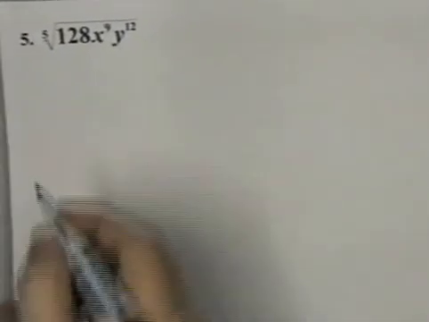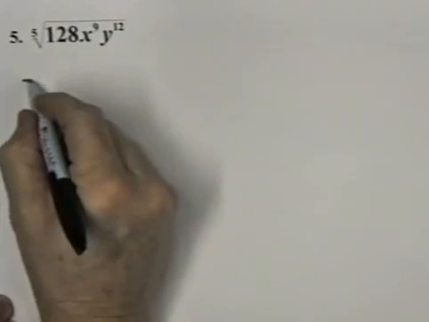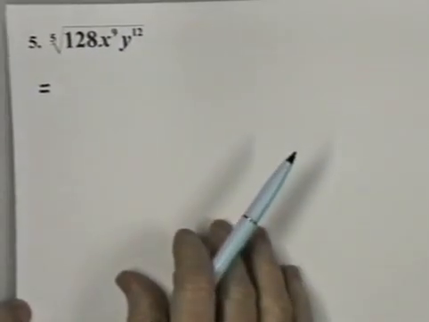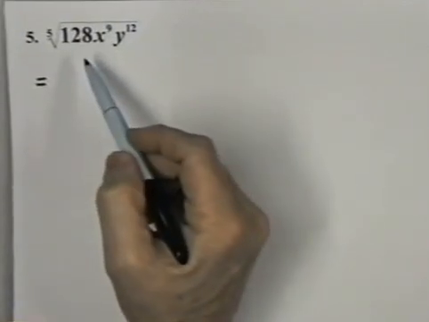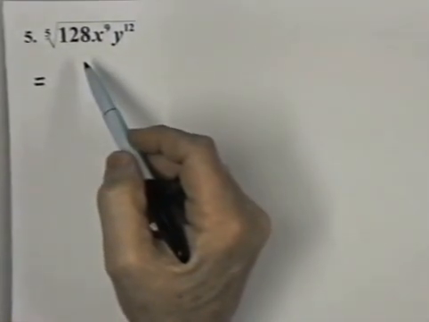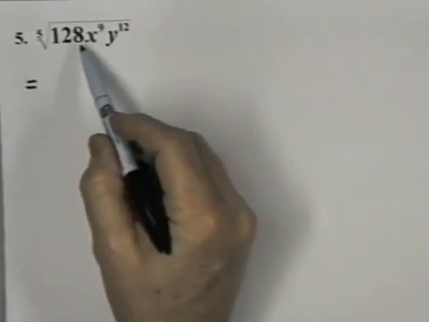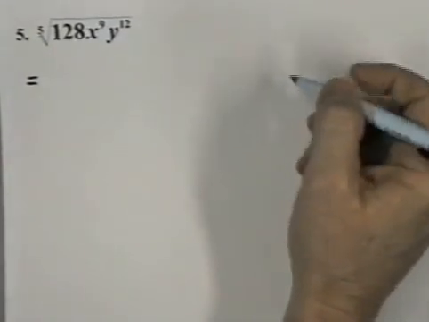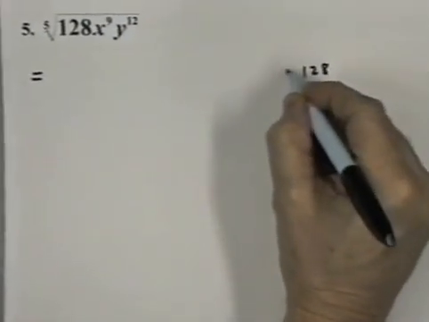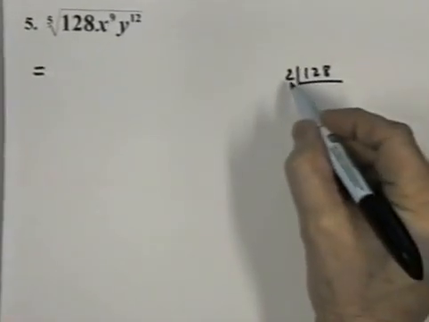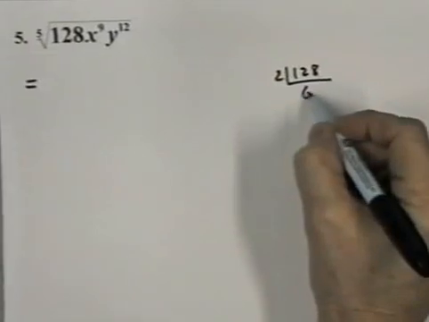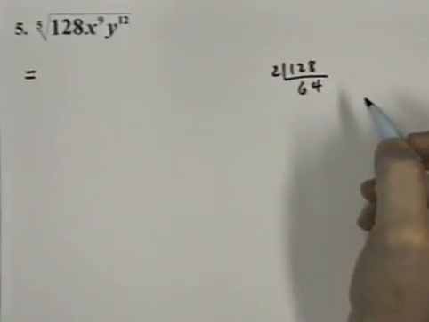Okay, so I think the first thing I'm going to do here is factor that coefficient, 128. Well, 128, again, if you need to go off to the side to do something like that, one way to do it is just start dividing by the smallest prime number it's divisible by, and keep going until you run into something you recognize.